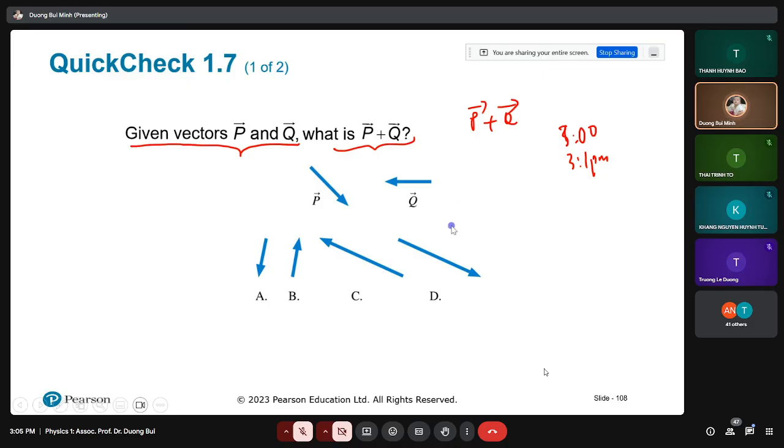When I show these questions, you type your answers into the chat window. If you are the first person to get the correct answer, you get some extra points.